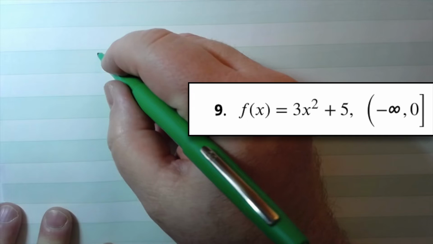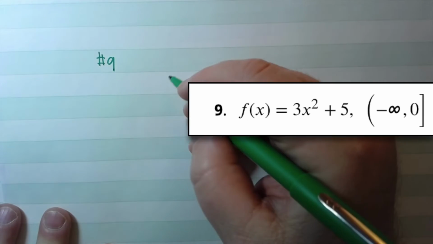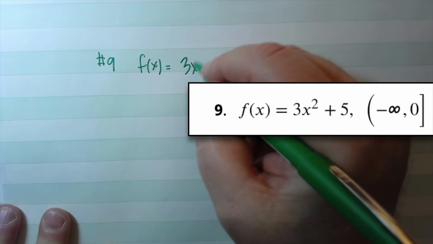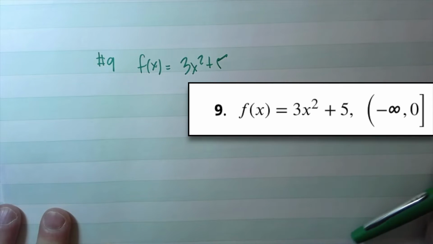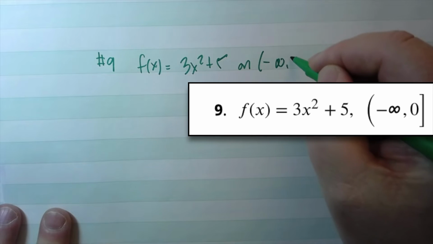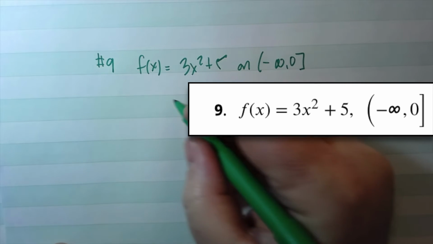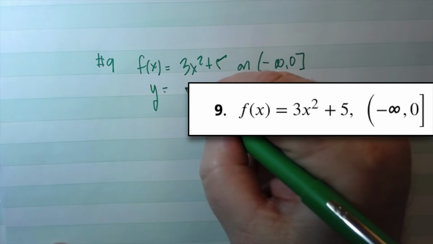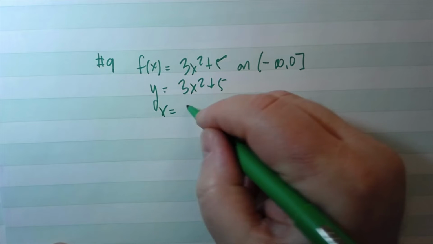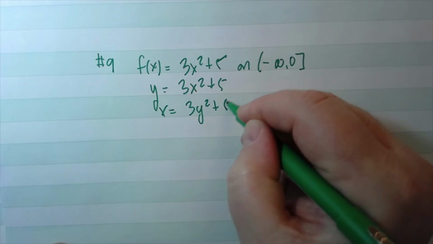All right, so let's try number 9. f of x is equal to 3x squared plus 5 on the interval -infinity to 0. So again, I can just put y in for the f of x, switch the letters, now solve for y.